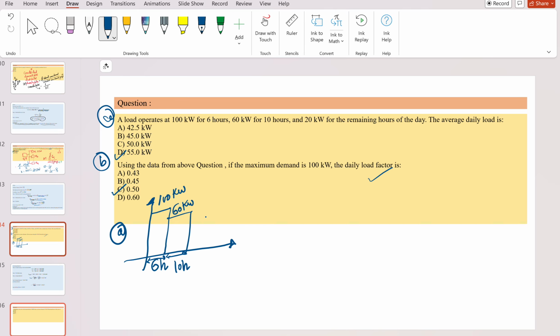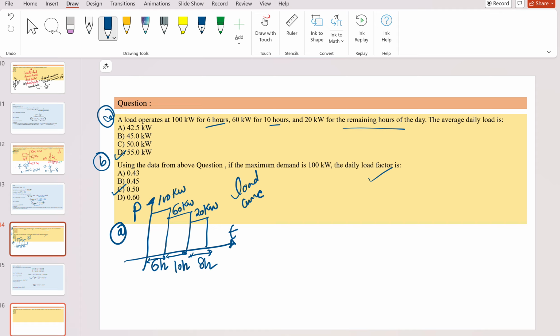And then you have 20 kilowatt here for the remaining 8 hours, since 6 plus 10 is 16, and 8 remain. So this is a power versus time curve, this is also a load curve, and this is the profile of this particular load.